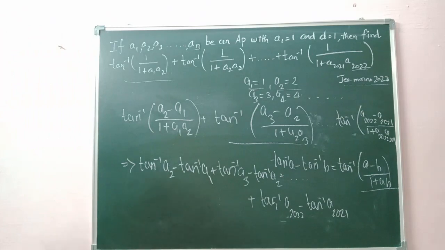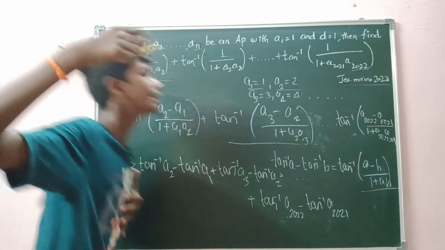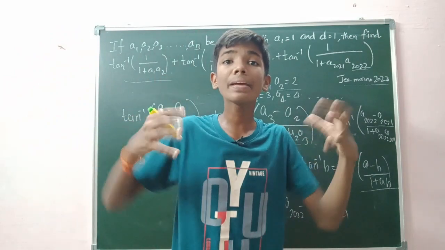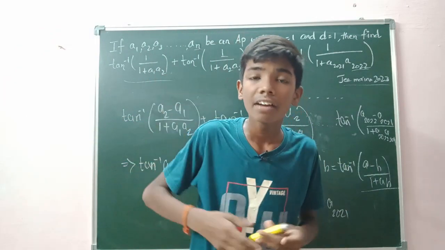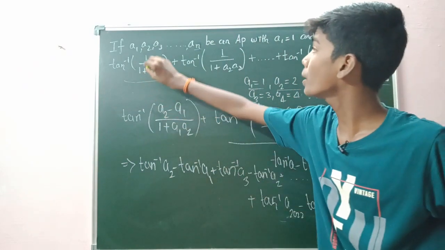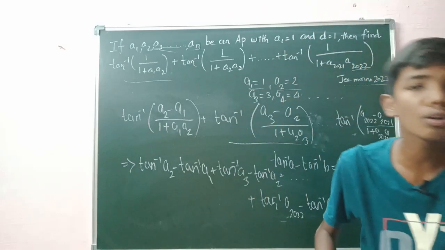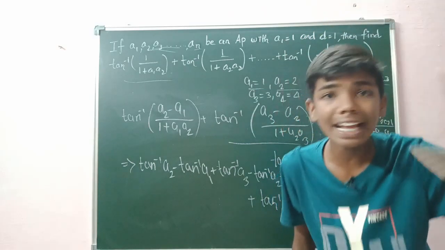Guys, the concept is very, very simple. I just wrote each term as a2 minus a1, a3 minus a2, making the difference such that we know the common difference is 1 for this particular AP, and of course we know that this AP is nothing but the first n natural numbers.